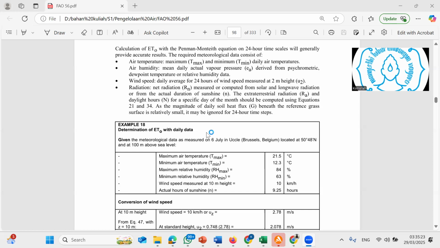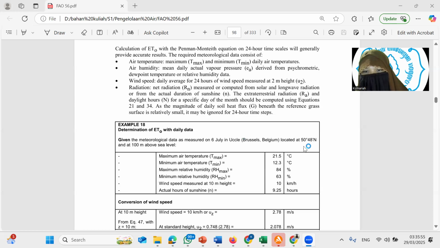Please remember that when we determine the daily reference evapotranspiration, there should be information about the date, okay? What's the date? For example, here, July, and then the location, and also the geographical information, especially the latitude.